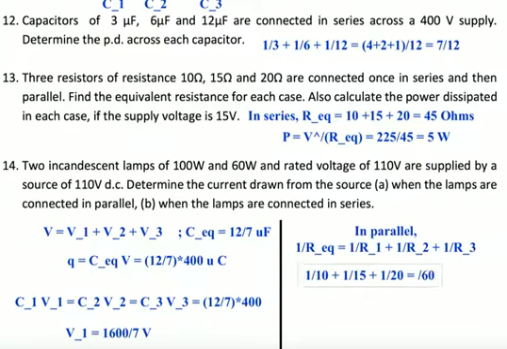Then 10 6s are 60, 15 4s are 60, 20 3s are 60. So 6 plus 4 plus 3 is 13. 13 by 60 is 1 by R equivalent. What about R equivalent then?